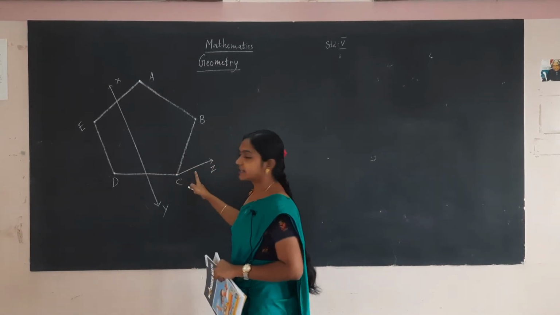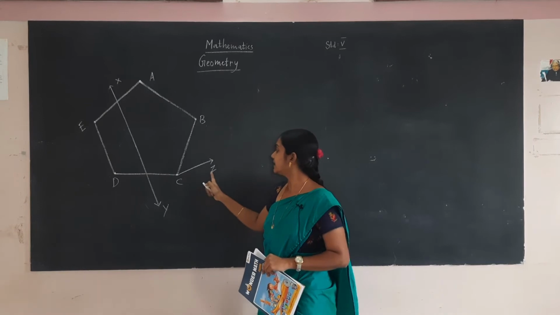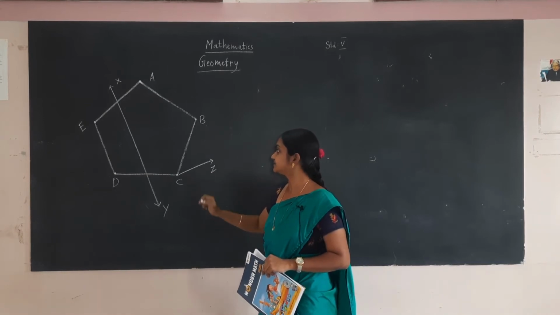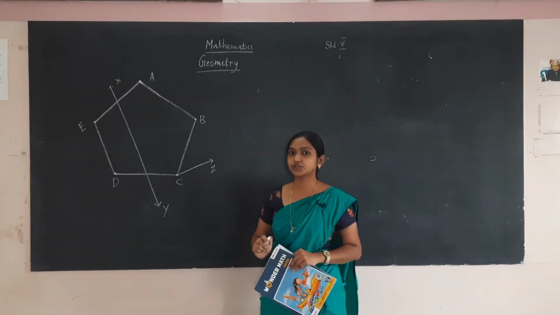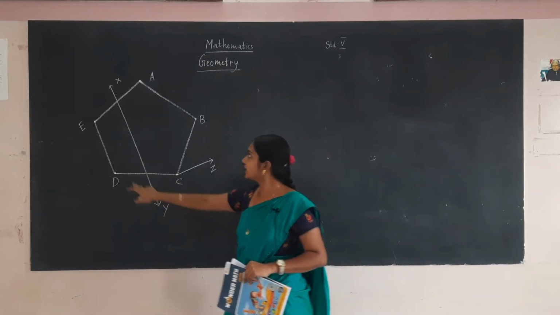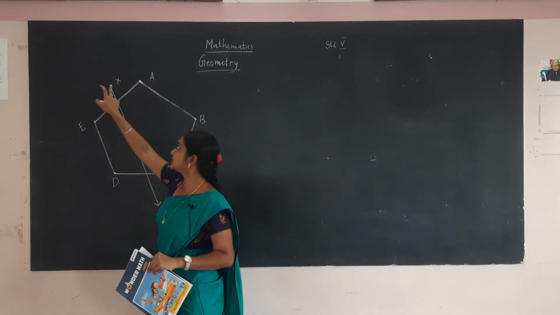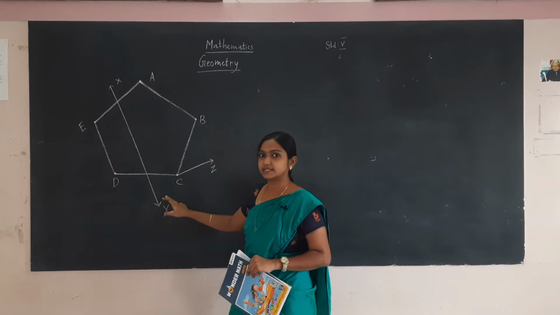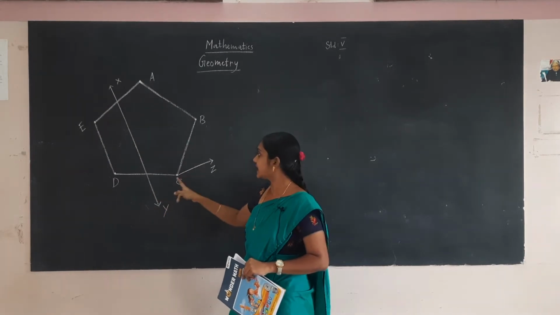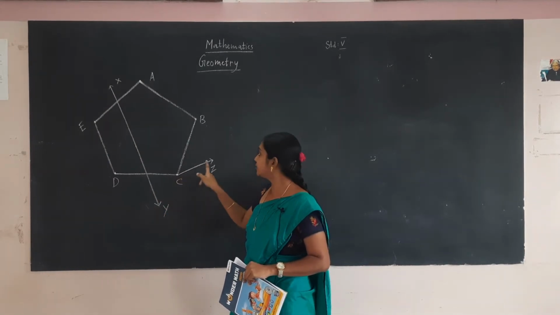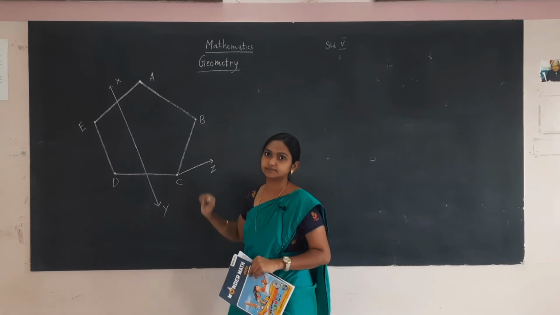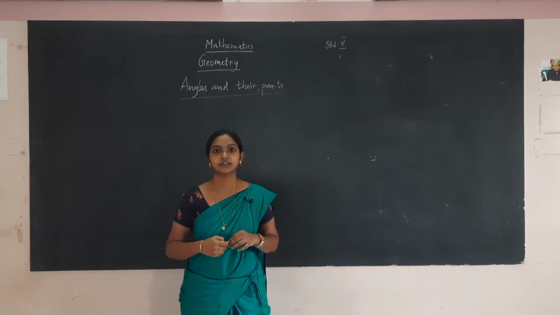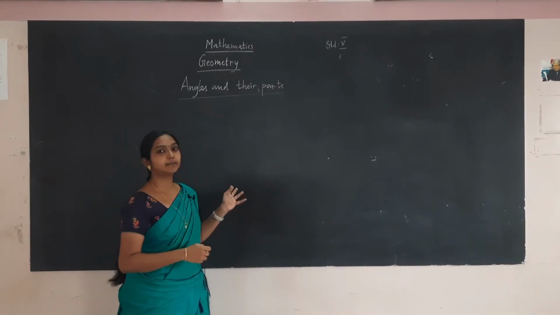I have drawn a ray here and named it as Z. A line should not have a starting point and ending point. We should put an arrow to represent it. And a ray has a starting point and no ending point. It goes on. Now we are going to learn about angles and their parts.